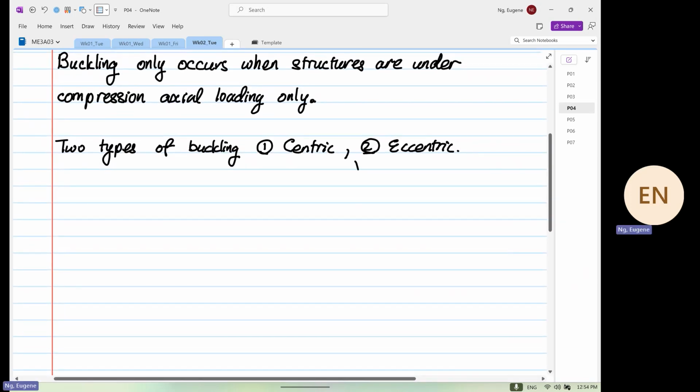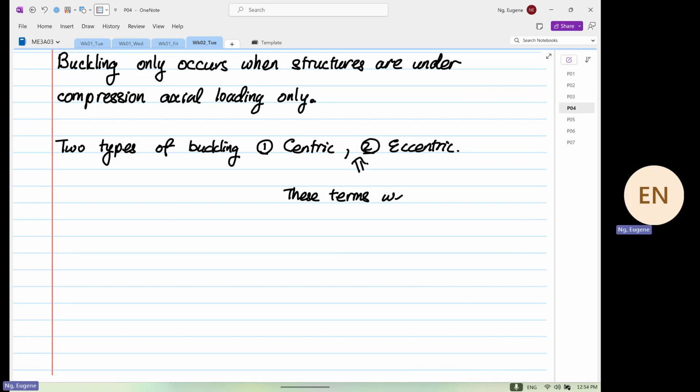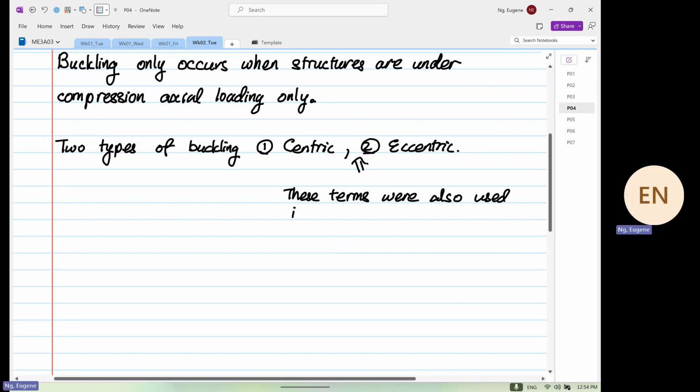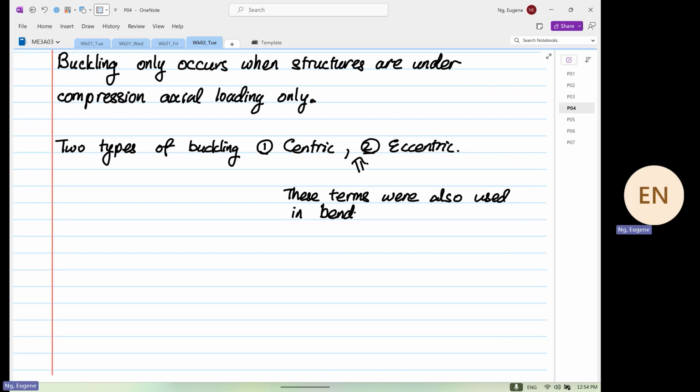Okay, so I'll write down here, these terms were also used in bending, or normal stresses induced by bending moment.